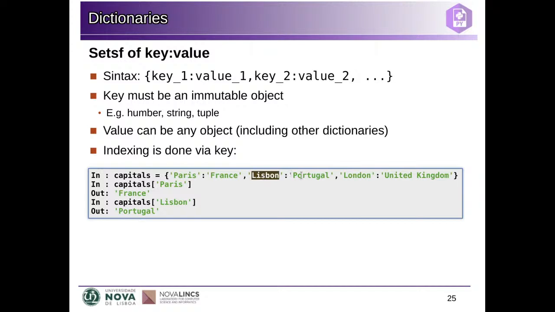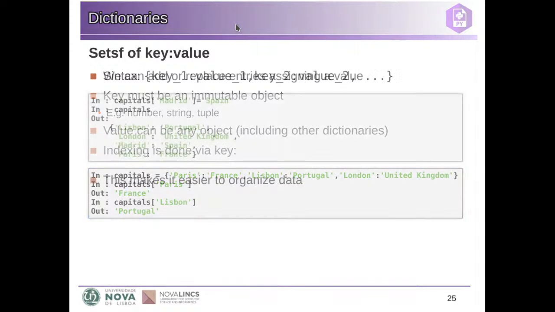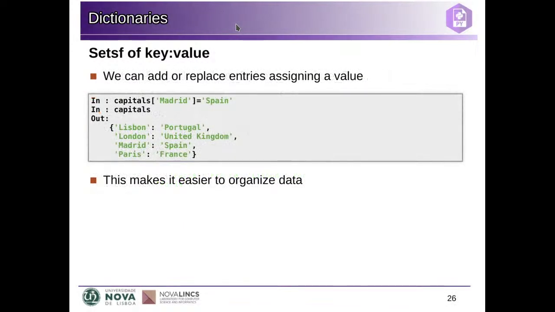Lisbon is another key that has Portugal associated to it. London is another key with United Kingdom. So now we can ask, for example, Paris is the capital of which country? We can ask in our capitals dictionary for the information for Paris, and we get France as the result. So with this, we can easily assign this association of values to keys.